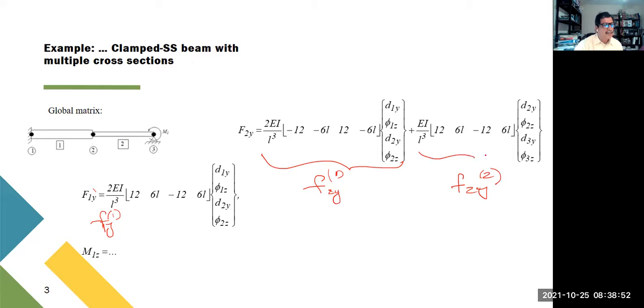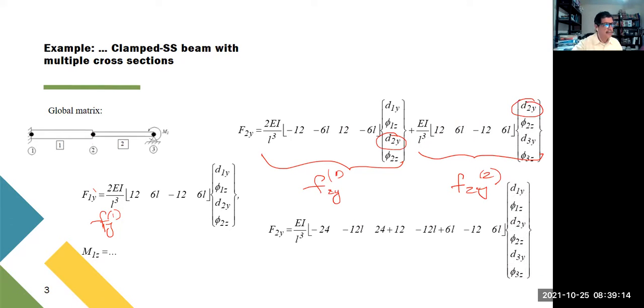Because the two elements have this joint in common. And we recognize immediately that this displacement is equal to this displacement. So this value here will be added to this value here when we put one single equation. Okay, that's what we do.